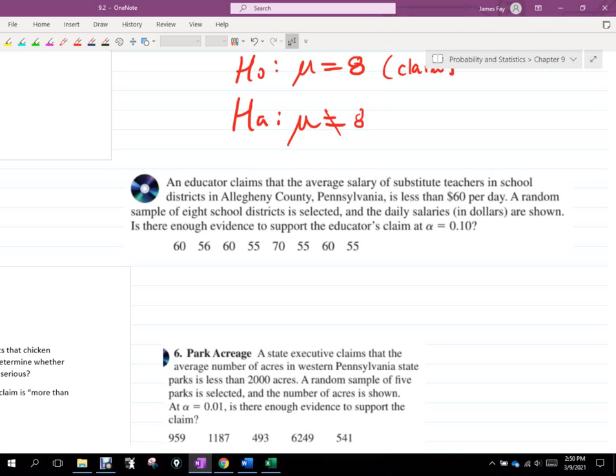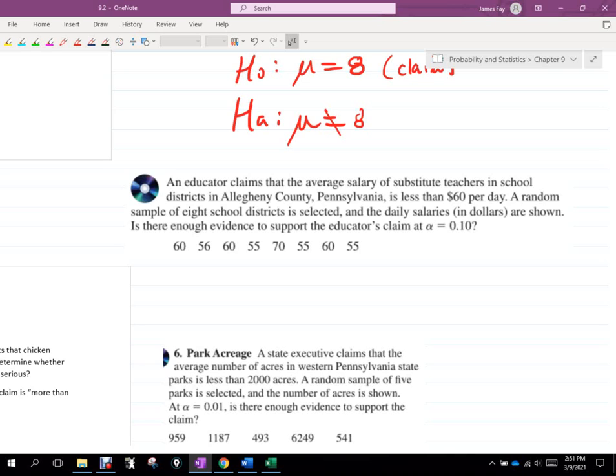Does everybody understand the idea of the null hypothesis being equality, the alternative hypothesis being its complement, and then the claim? If the claim includes equality, then the claim has to match the null hypothesis. If the claim includes inequality, then it has to go with the alternative hypothesis. Is that all right?